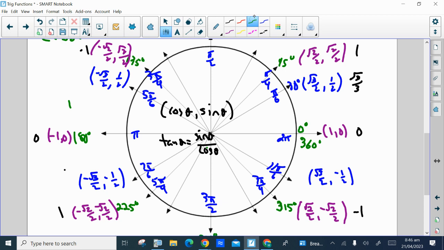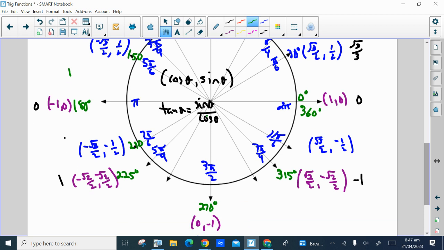And we can also put our angles in degrees here. That was 30. This would be 150, because it's 30 degrees short of 180. 210, because it's 30 degrees past 180. And this last one is 30 degrees short of 360. So that's 330 degrees.